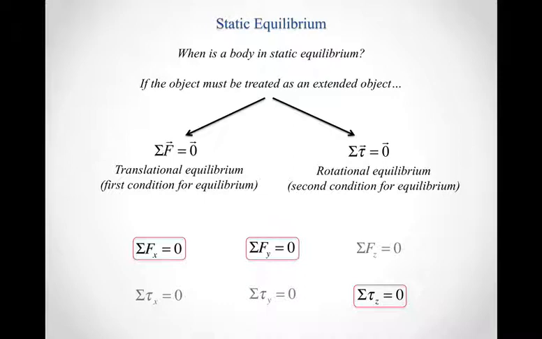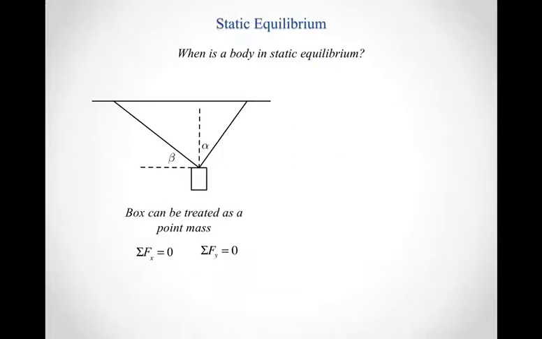And then because everything is in the xy plane, the torques will all be into or out of that plane, which means we'll have a single torque equation. So for this class, given that we're going to deal with systems that lie in a two-dimensional space, we're going to set up at most three equations for static equilibrium, even in situations where we have extended objects. So let's look at a couple examples here.